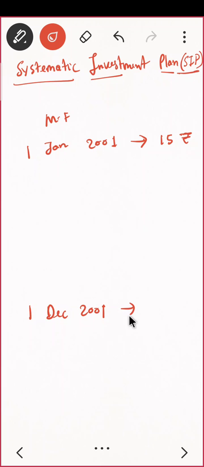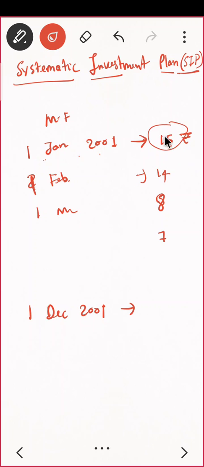You will be selling that and you will be getting money, correct? But what happens, on 1st January you bought at 15 rupees, but suppose on 1st Feb, 1st March, the value goes on decreasing, 15, 14, 13, or say 8 rupees and 7 rupees, correct? So if I had taken it at 15 rupees, then for every month I would have to pay only 15 rupees, if I am fixing that.